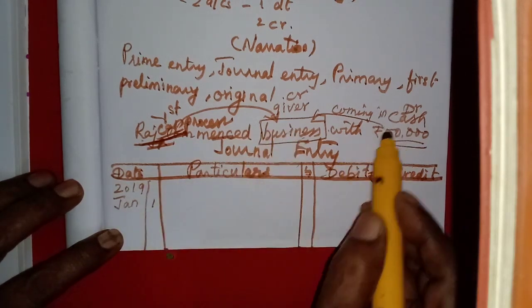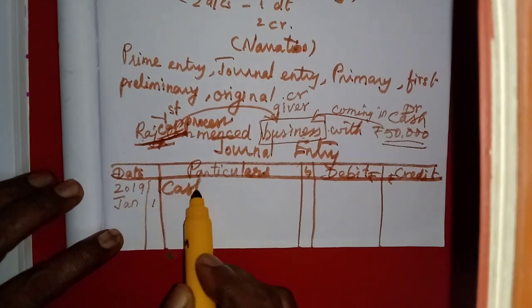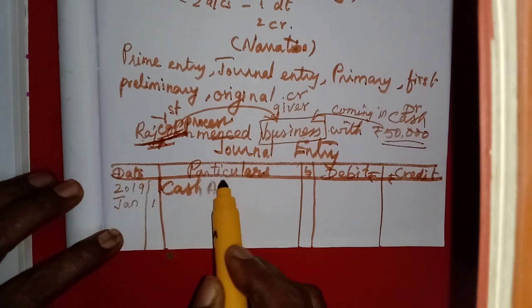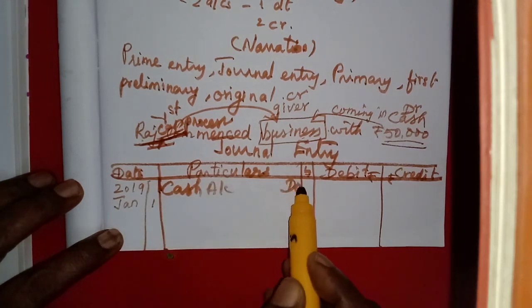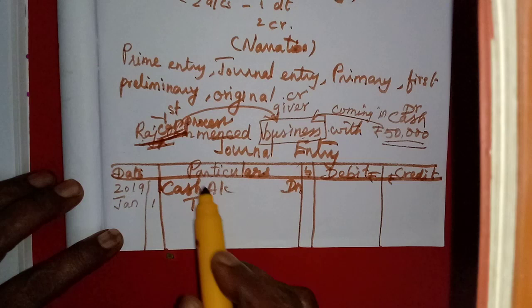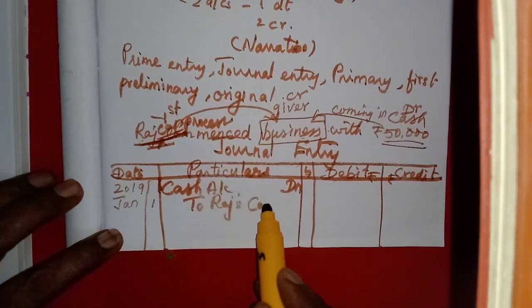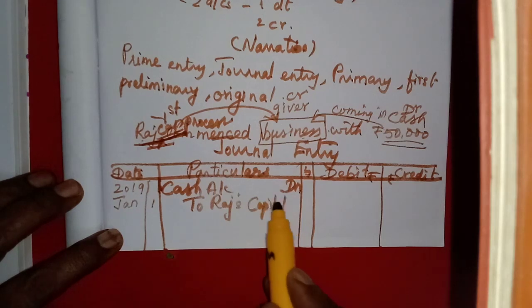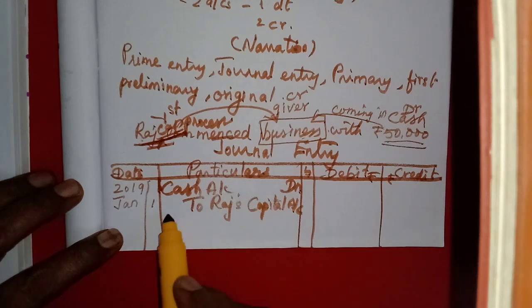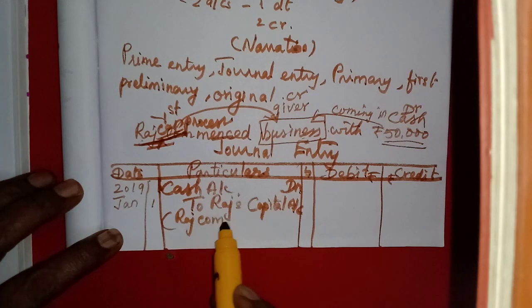Now we should write the journal entry. From this line you have to start. Cash account, Dr, we have to write here. Then 'To' should be written leaving a little space in the second line: To Raj's capital account, A/c. Then 'Raj commenced business'.